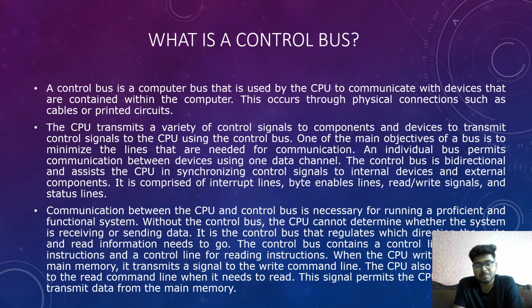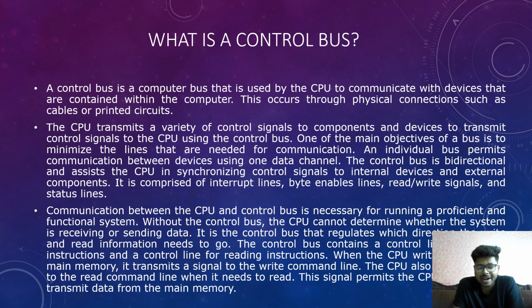The CPU transmits a variety of control signals to components and devices using the control bus. One of the main objectives of a bus is to minimize the lines that are needed for communication. An individual bus permits communication between devices using one data channel.